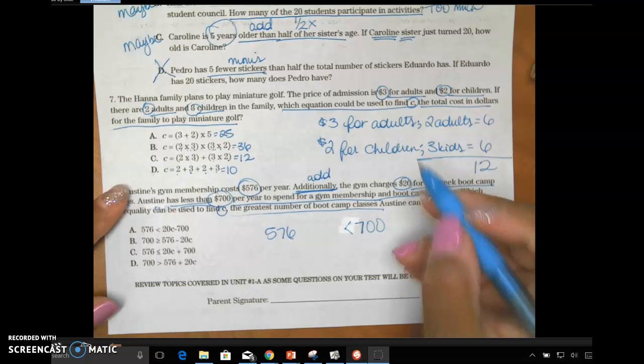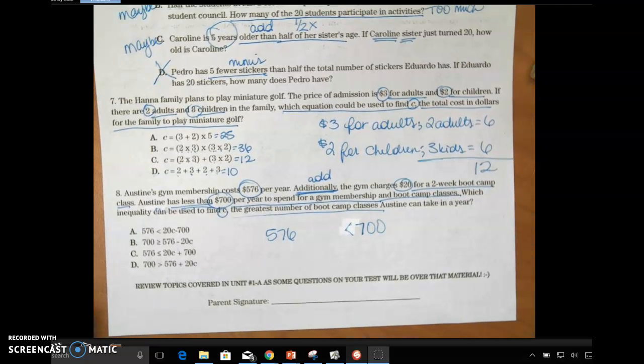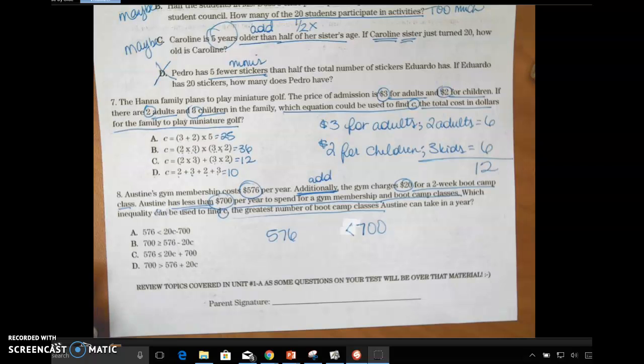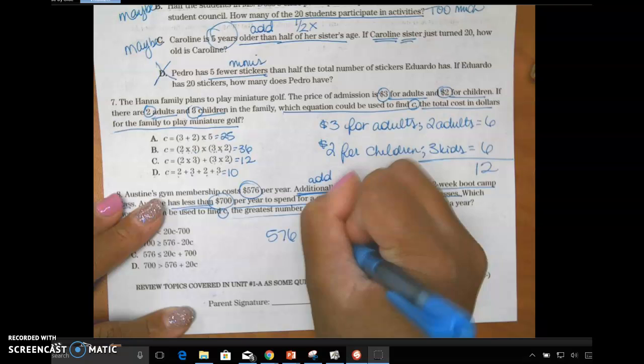So what do I have to do? What do I have to do with the $20 for camp? Add 20. And then times it by 2 because it's 2 weeks.